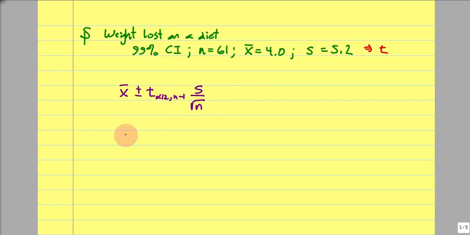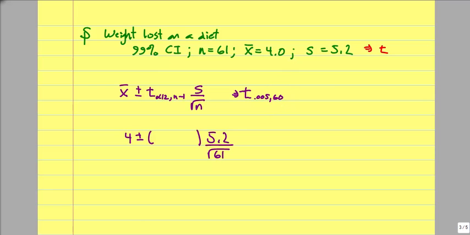X bar is equal to 4 plus or minus. Now we'll look at this t-score in a little bit here. S is 5.2 over the square root of n, which is 61. So this is square root of 61. Now for my t value, my alpha is 0.01, so alpha over 2 would be 0.005. My degrees of freedom would be 1 less than 61 or 60.